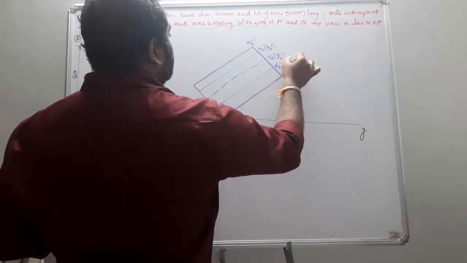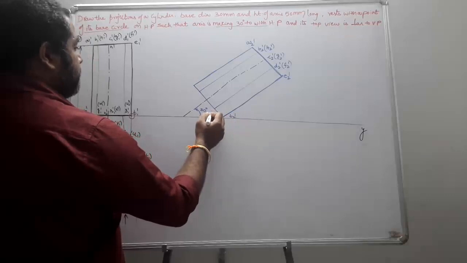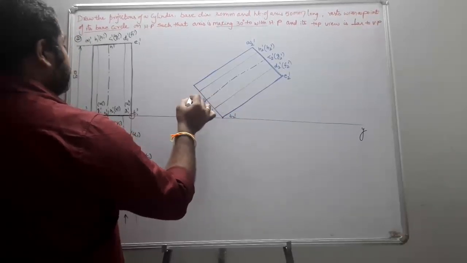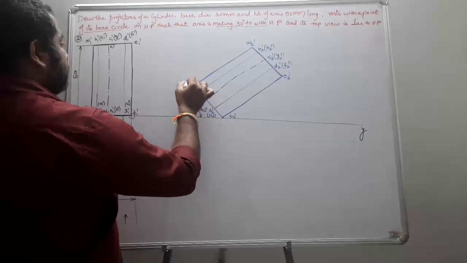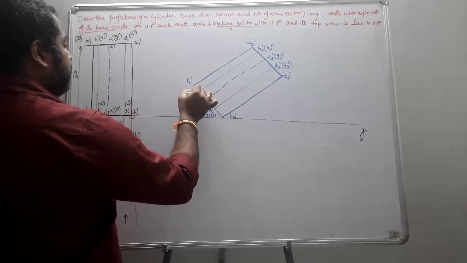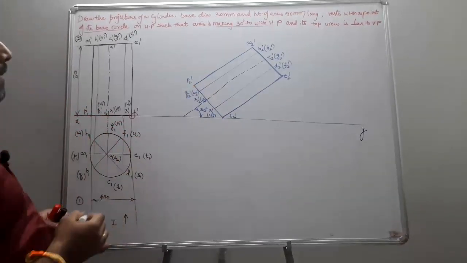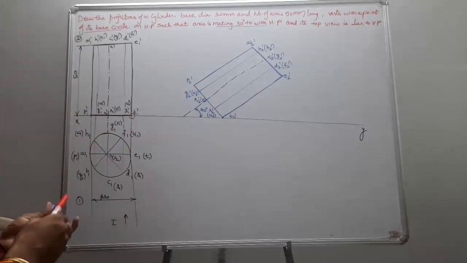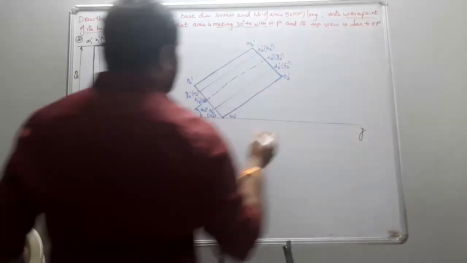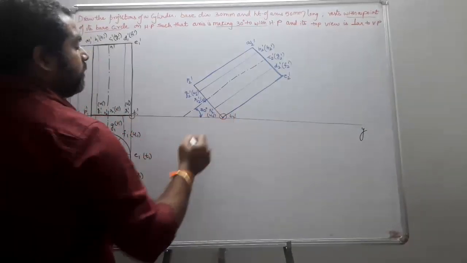Now this point is T2 dash, S2 dash of U2 dash, R2 dash of V2 dash, this is P2 dash, Q2 dash of W2 dash. Okay, the point with a point on its base circle, so this was that point.